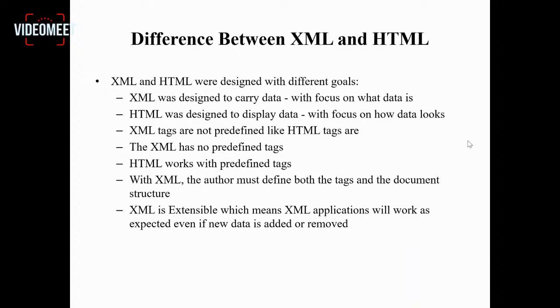But the difference is XML is extensible, unlike HTML. HTML is not extensible. We cannot create our own tags and add new content into the HTML. You can create in a predefined context. You can create as many predefined tags as you want, but you cannot create your own tags and add additional information to your HTML. Right? So that is why we use the term extensible.